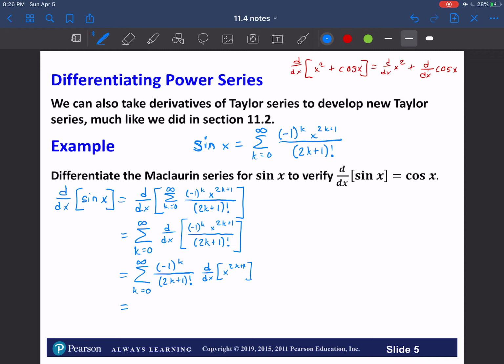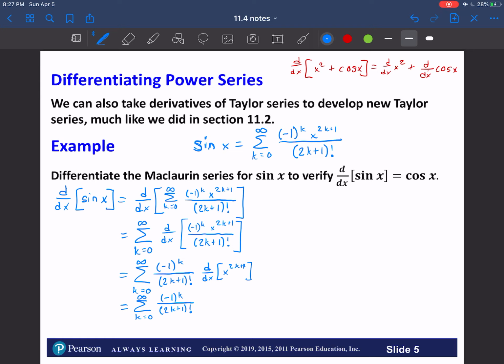Well, the derivative of x to the 2k plus 1, that's just some power of x, so we reduce it by 1. So we're going to bring the power out front and reduce that power by 1.